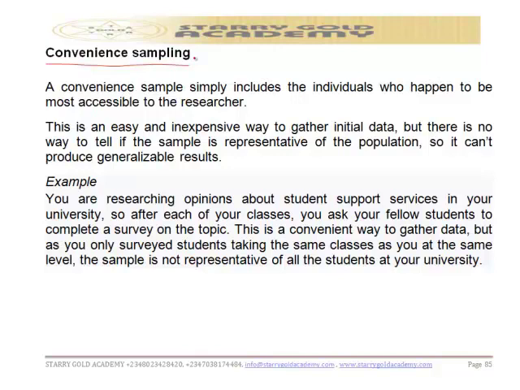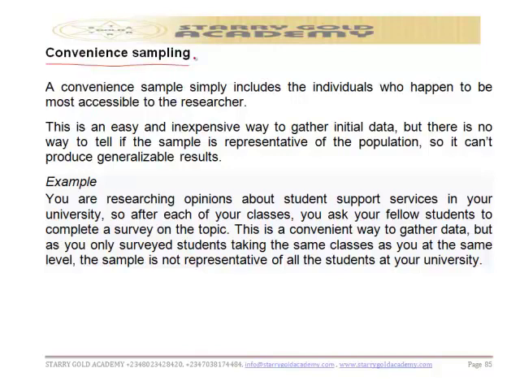And whatever you ask them, you treat as representative of all the students you want to use. So it is very inexpensive and easy to gather the initial data, but there is no way to tell if the sample is actually representative of the population. So it can't produce a generalizable result.